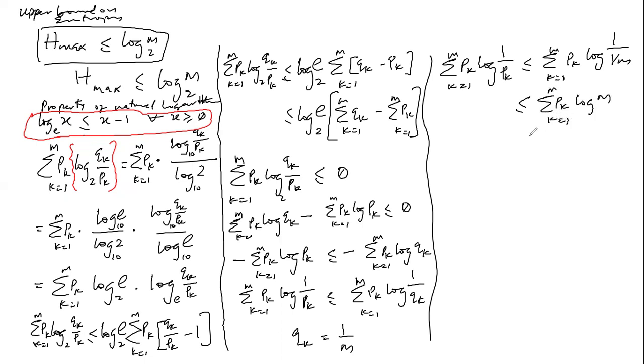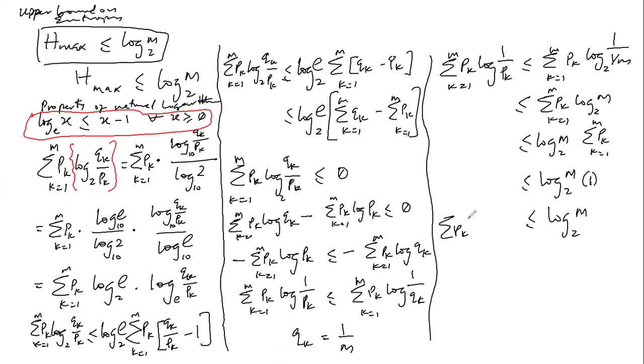We can rewrite this as log m base 2 times the sum of p sub k, k equal to 1 to m. And we already know that the total probability is 1, so this will be log m base 2 times 1, which is greater than or equal to the sum of p sub k log 1 over p sub k base 2, k equal to 1 to m.